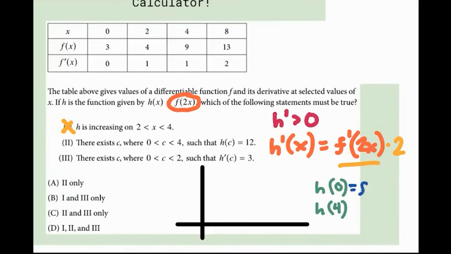So this is equal to f of 2 times 0, f of 0, which is 3. h of 4 is going to be equal to f of 8, because the x is 4 and you did 2 times 4, so it's 8. f of 8 is in the table, that's 13. So h of 4 is 13.